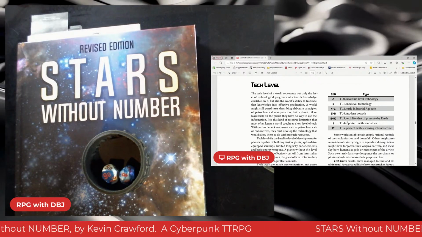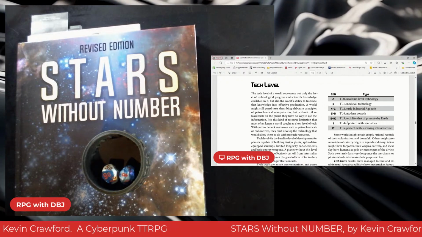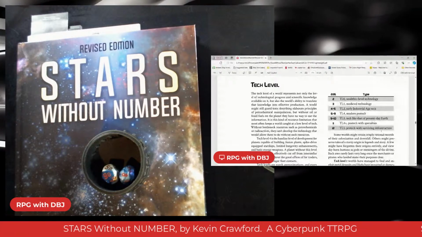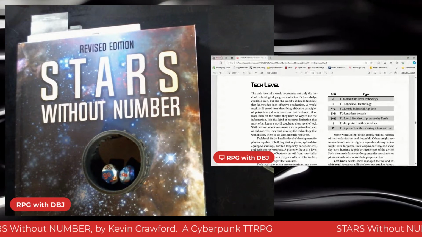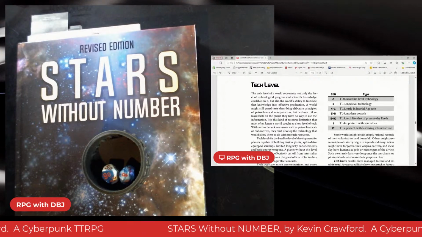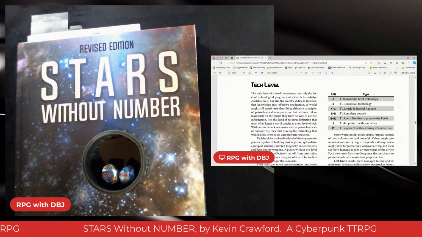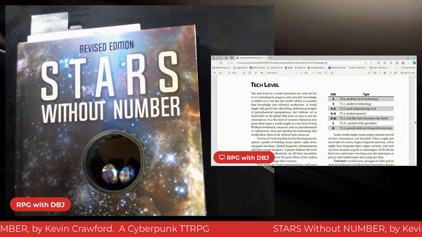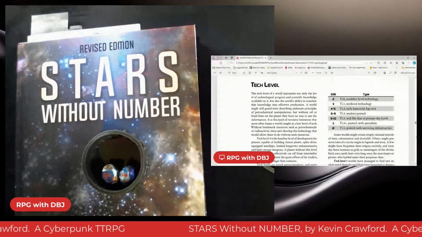Tech level 4 is modern post-tech, and 4 plus is post-tech with specialties. Tech level 5 is pre-tech with surviving infrastructures. Four is like what we would consider cyberpunk, all the way up to Star Wars. And then 5 and above is like Star Trek and above, where it's indistinguishable from magic, basically.